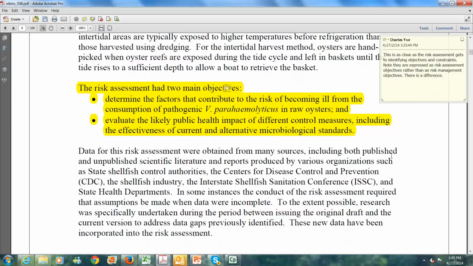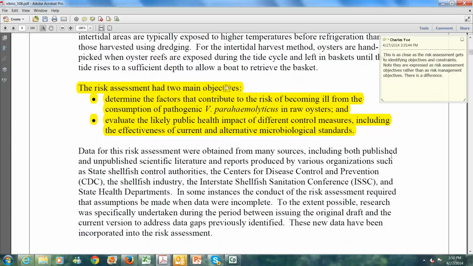There is a significant difference. But in this assessment, you can see they were intending to determine the factors that contribute to the risk of becoming ill from the consumption of pathogenic Vibrio parahemolyticus in raw oysters, and they wanted to evaluate the likely public health impact of different control measures, including the effectiveness of current and alternative microbiological standards.